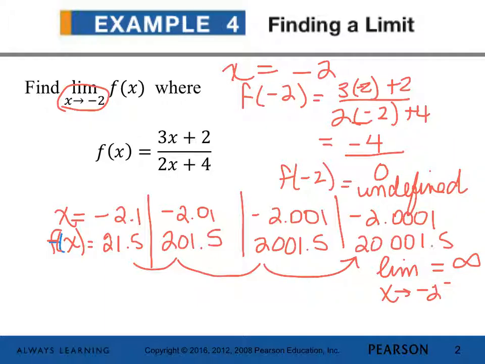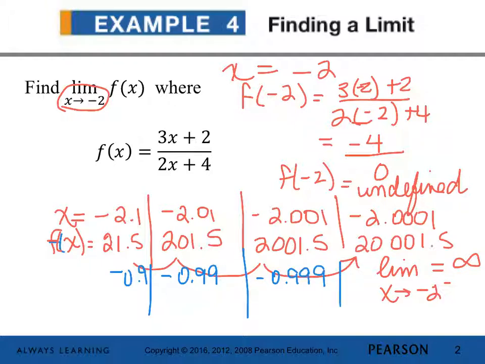Now, if we approach from the right side, from the positive side, then we're going to let x equal negative 0.9. And then negative 0.99. And then negative 0.999.